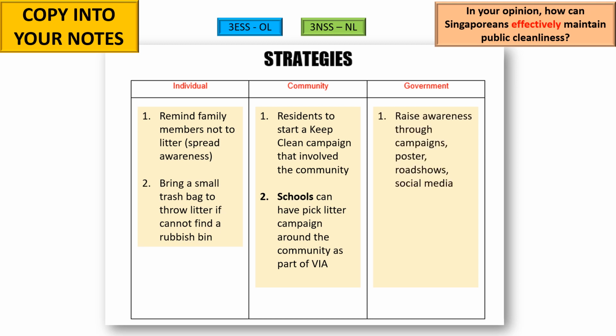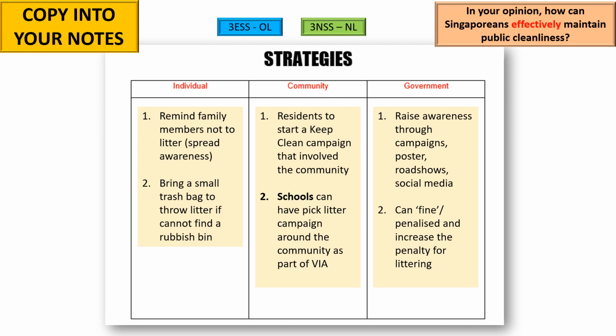How about the government? Okay, remember we talked about how a government can raise awareness, either through campaigns like what you saw in the extracts, the returning the tray, right? It's actually a poster. Road shows, social media, getting influencers involved, to spread the awareness about public hygiene or public cleanliness. Or you can fine, you can penalize, you can increase the penalty for littering.